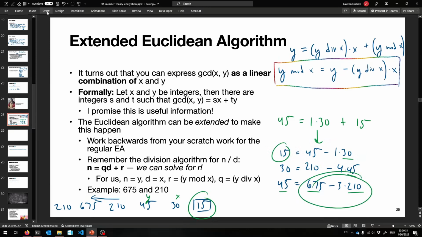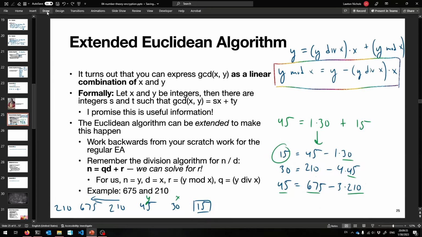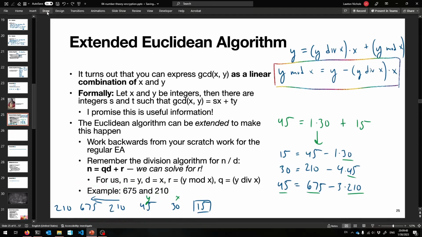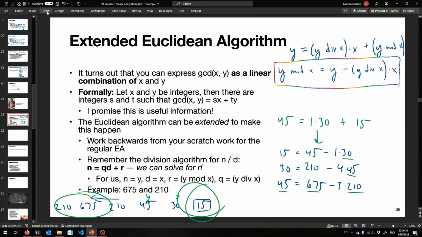I'll eventually end up with some multiple of 675 and 210 giving me 15. Once you do this process, solve for 15 in terms of 45 and 30, solve for 30 in terms of 45 and 210, solve for 45 in terms of 210 and 675, you can bring all these three equations together and get a linear combination of your original two numbers, giving you the GCD.